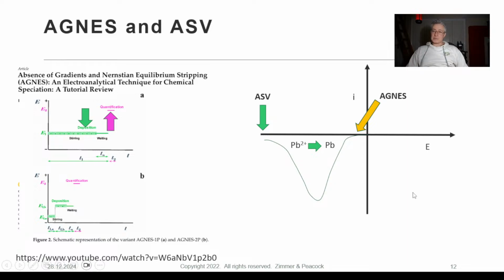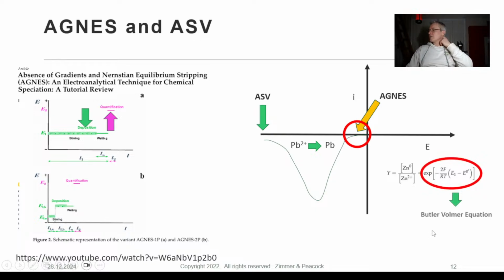So having read the article, this Absence of Gradients and Nernstian Equilibrium Stripping, I can see that one of the first things they have is this equation here, and I thought, oh, that equation looks a bit familiar. It was very familiar, really. I just wasn't used to looking at it in this format. It reminded me a little bit of something called the Butler-Volmer, but I realized I'm just being a bit daft.